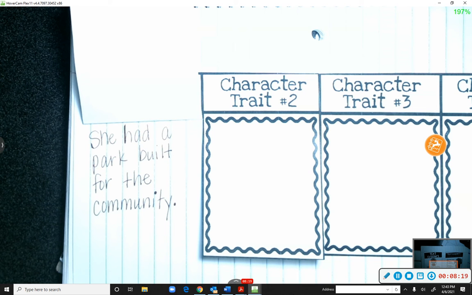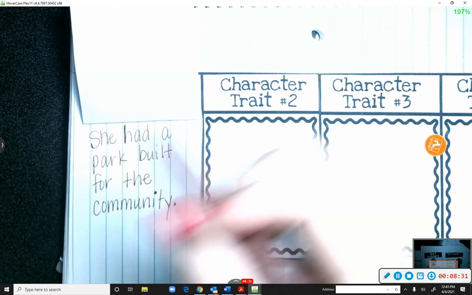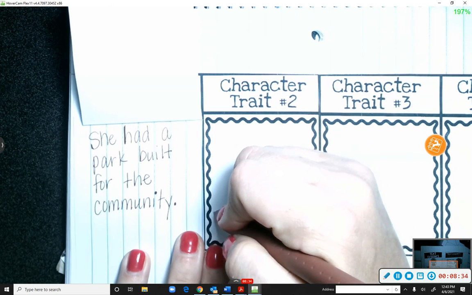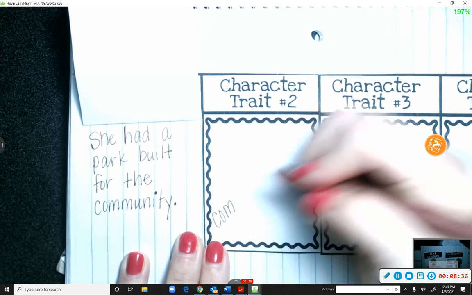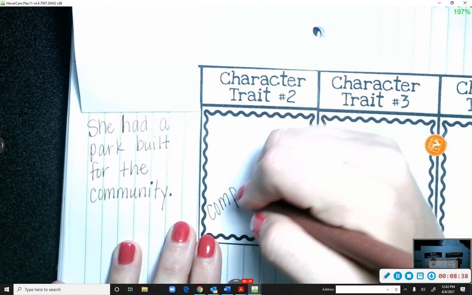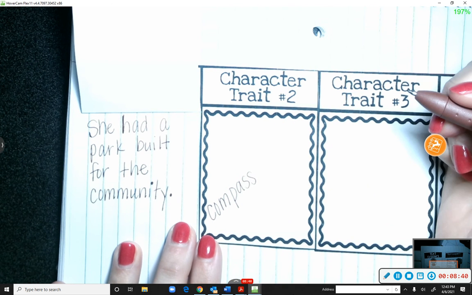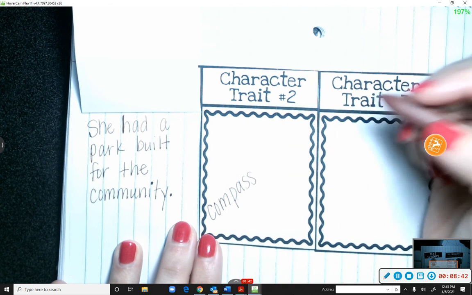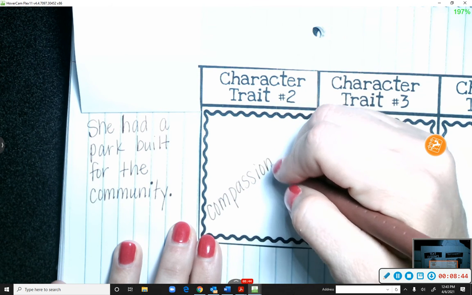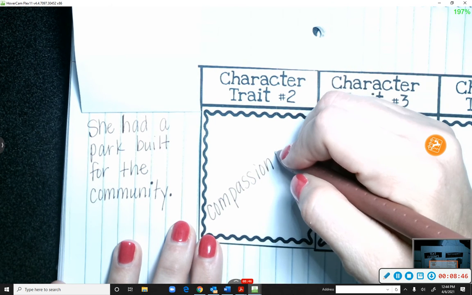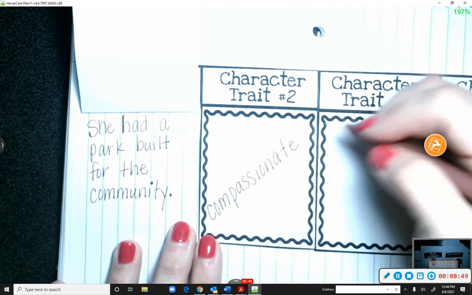Usually when you think deeper into what people are feeling or thinking or their situation they're going through, we call that compassion. Okay? So we could say a good word to describe her is compassionate. It's a long word. So COMPASSIONATE. Compassionate.